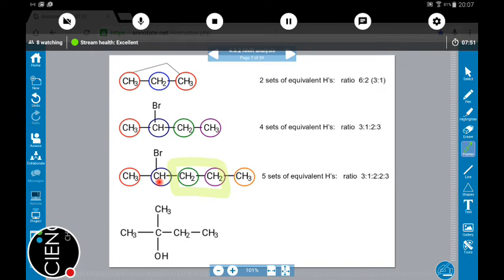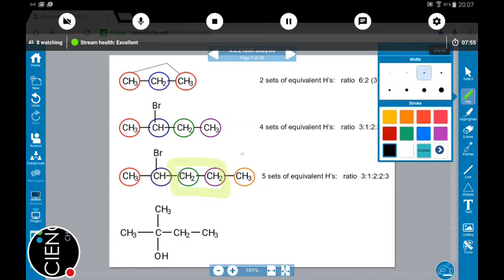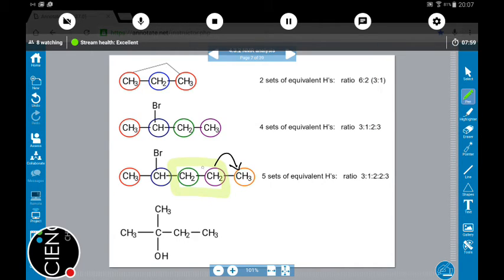So again, because the neighbors are different, the actual environment is classified as different. Let's just point that out very clearly. So this one is affected by that, and that one is affected by that. So therefore they are both different. And for that reason, this molecule over here will have 1, 2, 3, 4, 5 different peaks in the NMR spectrum.